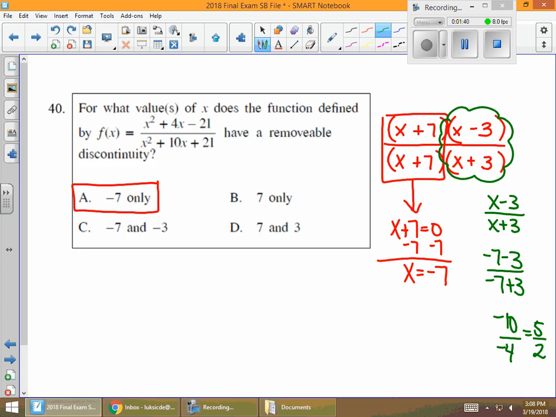That's how you would find that y coordinate if you needed to look for it. We didn't on this one, but I just wanted to make sure that you had the information.